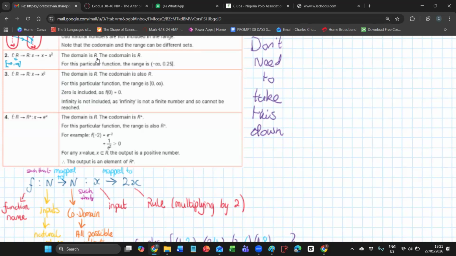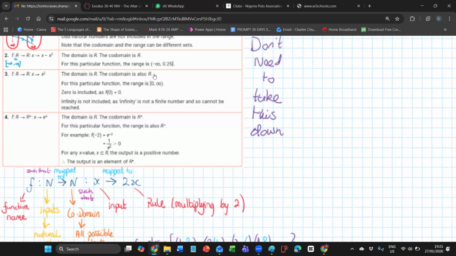So you can see that the codomain, now the codomain is what? It is real numbers, but the range excludes negative numbers, because the square of whether it's negative or positive will always be positive.